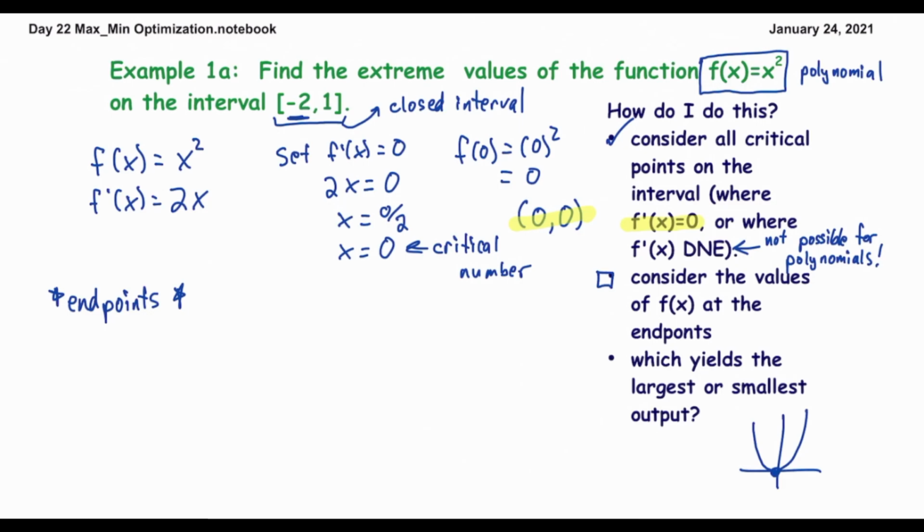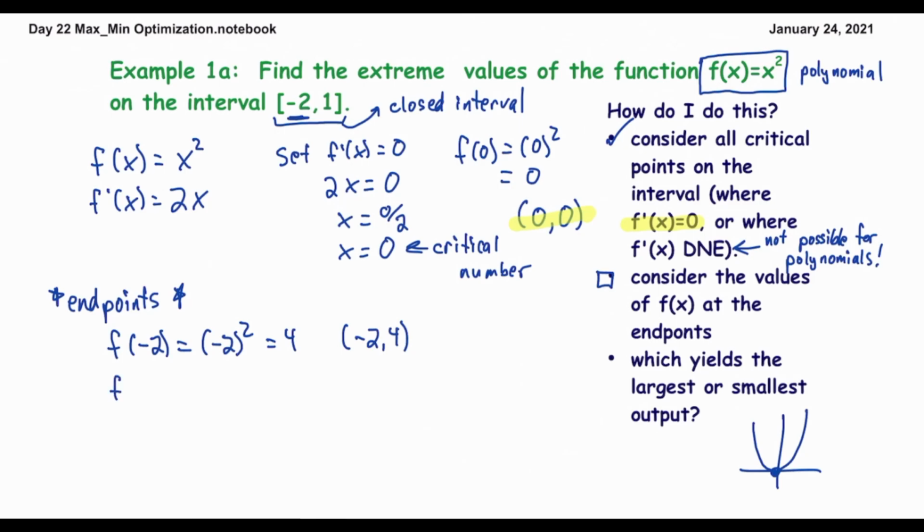And remember, we're just subbing them into the original function because I want to know the maximum y value from my original function. I don't really care about the derivative at this moment. So f of -2 is going to be -2 squared, which is 4. So I have the point (-2, 4) on my graph and within my interval.